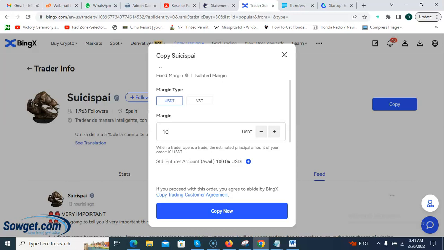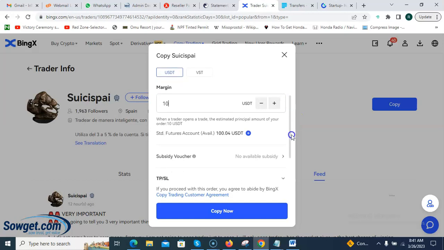So even if the trader is opening a series of trades, for every trade he opens, I'm only going to use a fixed margin of 10 USDT. You can always set the particular margin you want to use to copy every trade of the trader you are copying. So I'll just go next.